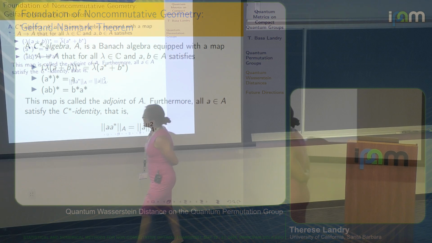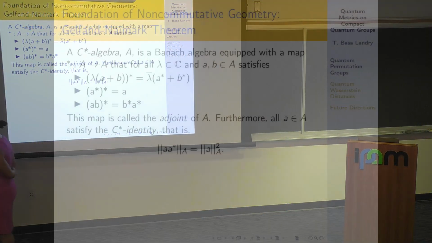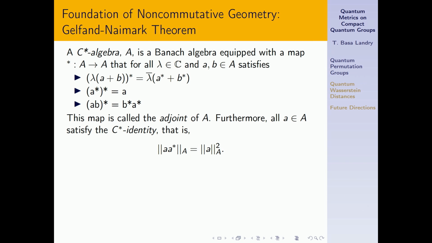The foundation of non-commutative geometry is built on the Gelfand-Naimark theorem. This morally says that everything is built on unital C-star algebras, and that those can be viewed as quantum analogs of compact Hausdorff spaces. A unital C-star algebra is a Banach algebra equipped with a star operation.